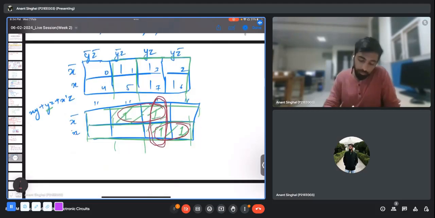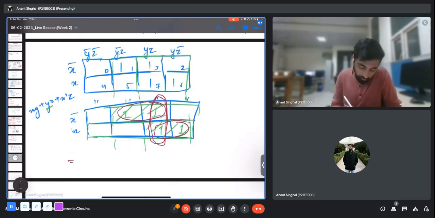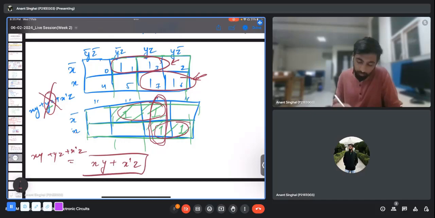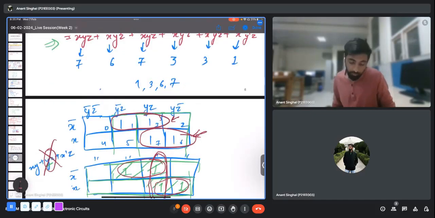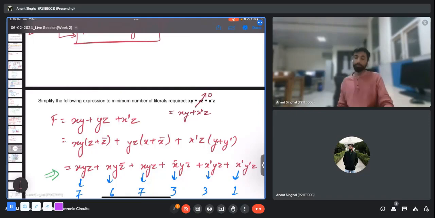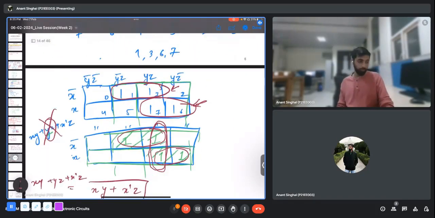So we can easily reduce the given expression, xy plus yz plus x complement z, to these two terms: xy, which is this term, and x complement z. So yz was a redundant term in this expression, and the final answer will be xy plus x complement z. I hope this problem is clear. So you can take a look, and we'll go to the next problem in 1 or 2 minutes.